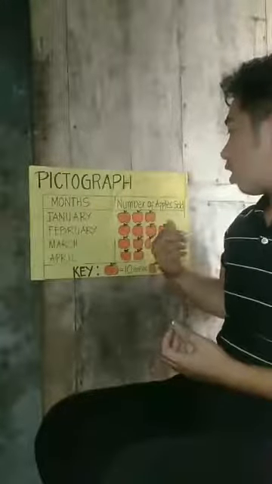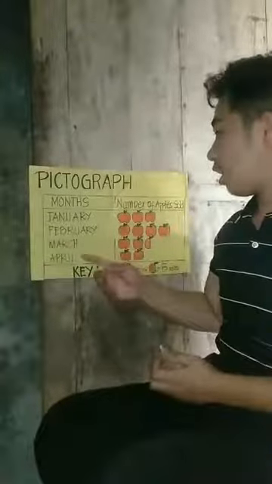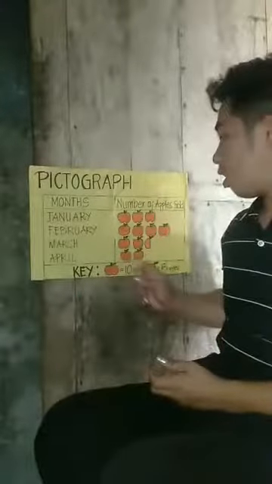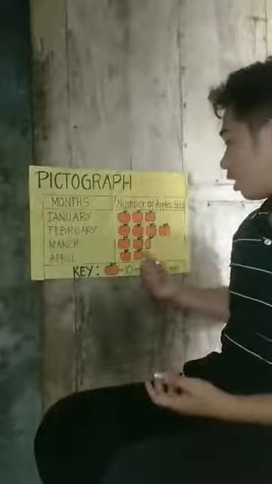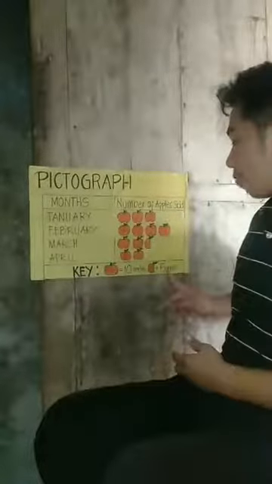On February, there were rather 40 apples sold. And on March, there were 25 apples sold because the one half picture of apple here represents 5 apples.